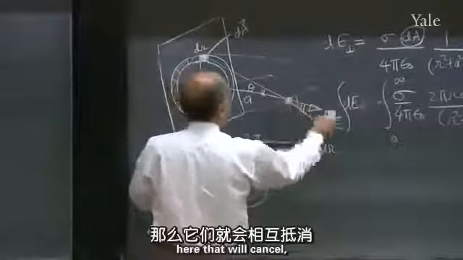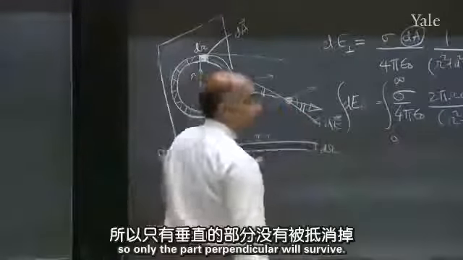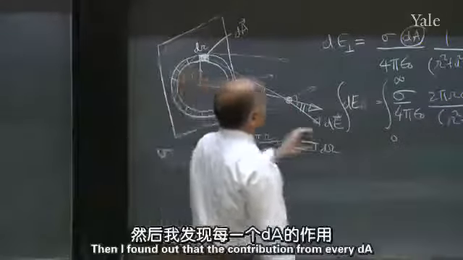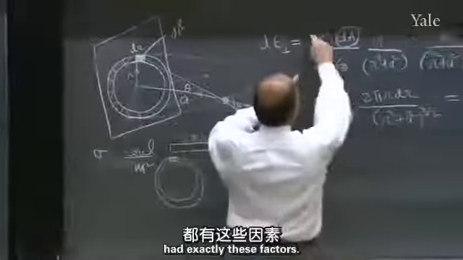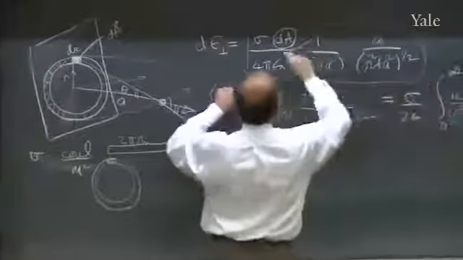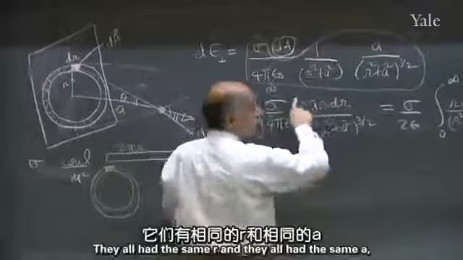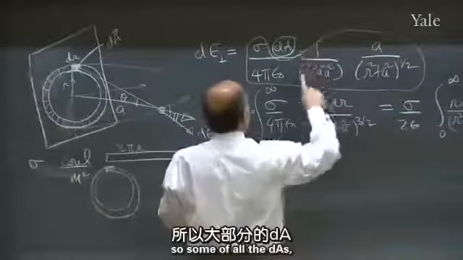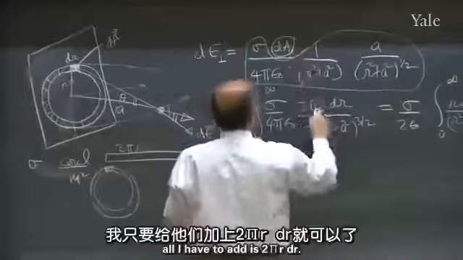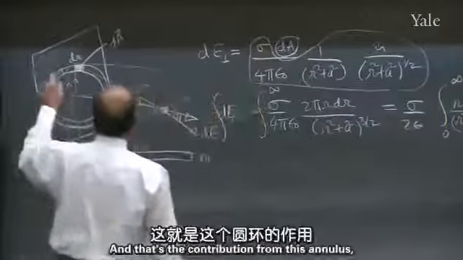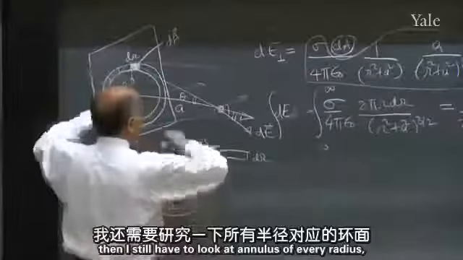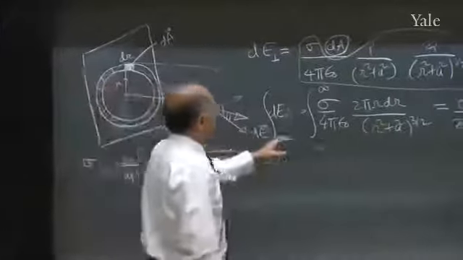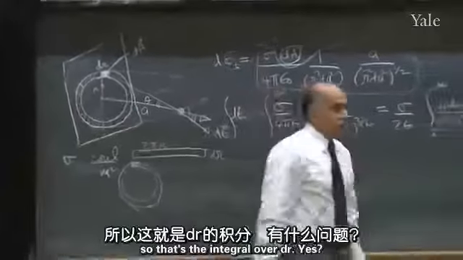That'll cancel, so only the perpendicular part will survive. Then I found out that the contribution from every dA had exactly these factors. They all had the same r, they all had the same a. So the sum of all the dAs, which is all I have to add, is 2 pi r dr. And that's the contribution from this annulus. Then I still have to look at annuli of every radius. So that's the integral over dr.